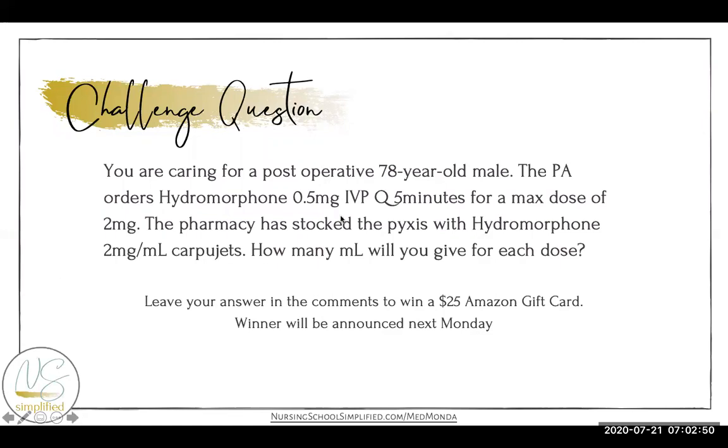This is a very common dosing for our postoperative patients. We usually give fentanyl every 5 minutes. We can give Dilaudid every 5 minutes, and depending on the patient's age, liver function, and renal function, we can adjust those doses.